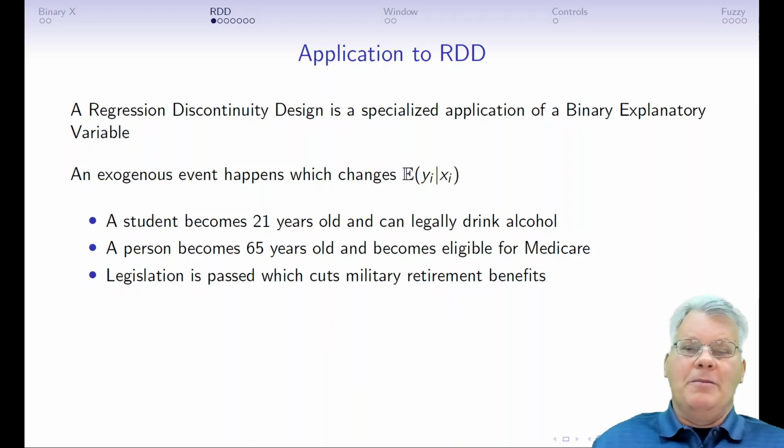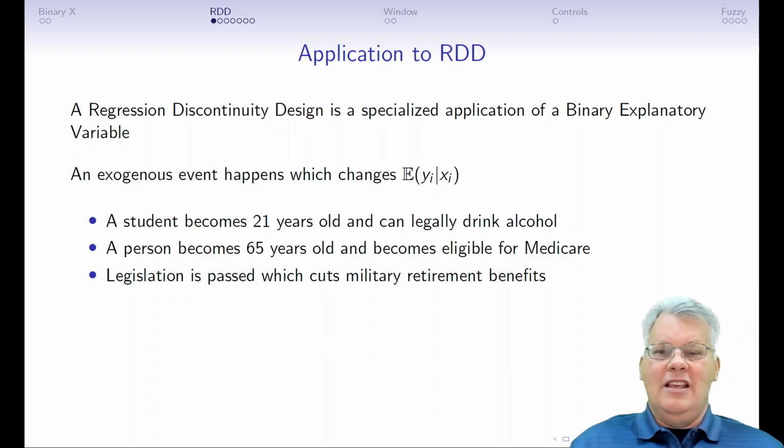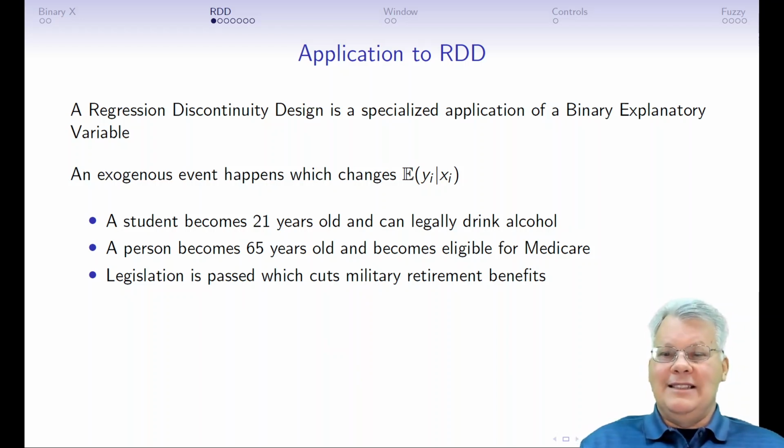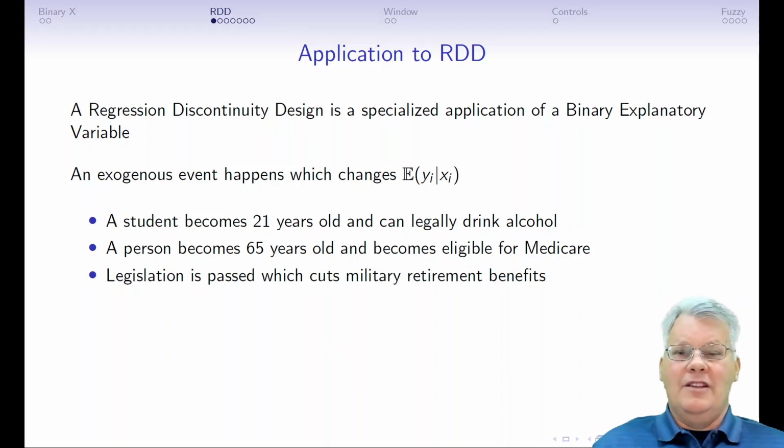In the textbook up to this point, we've considered models in which we have a binary explanatory variable, but what we're trying to establish in this slide is when can we say that this is in fact causal. Okay, so it is causal if we have an exogenous event which happens that changes the expected value of y conditional upon x.